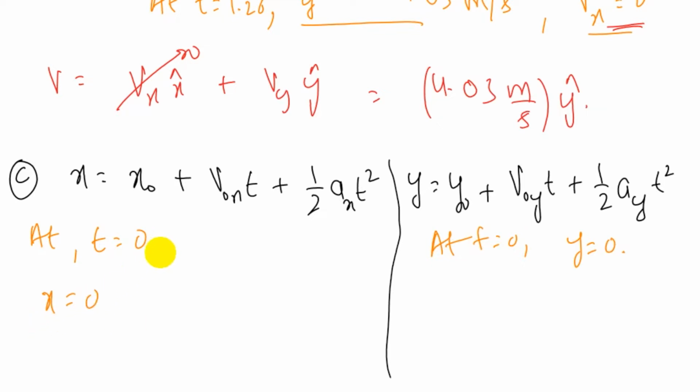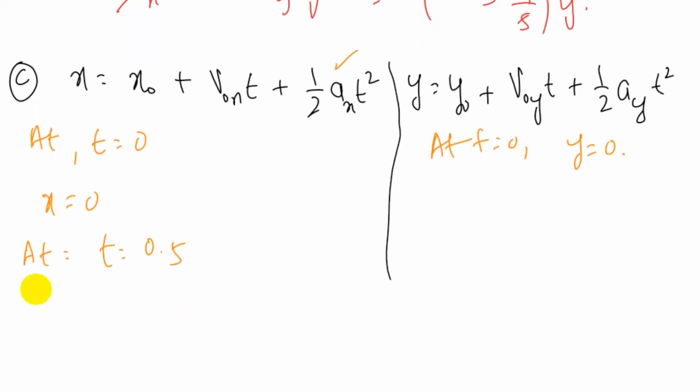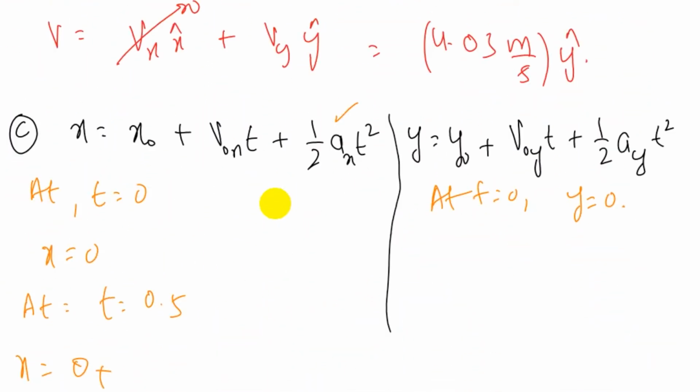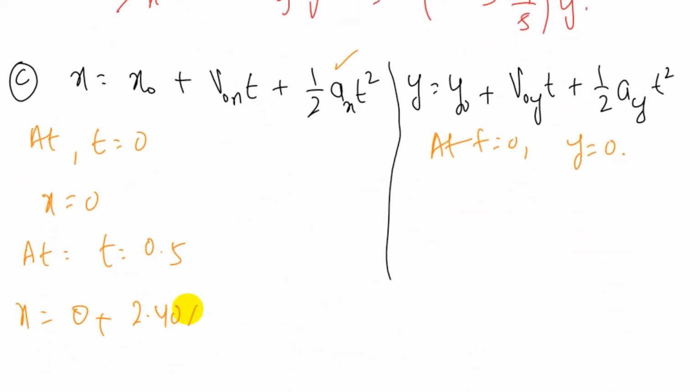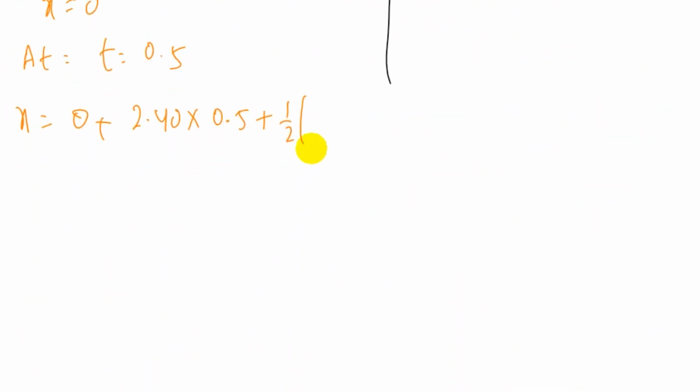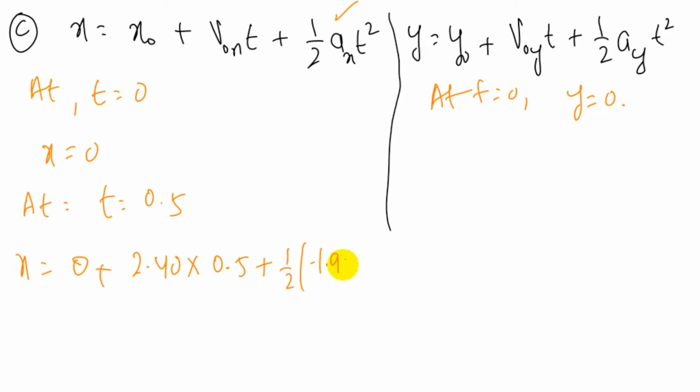Now what would be the position at time t equals 0.5? You can put all the values here. So x equals x0 (which is 0) plus v0x, the initial velocity, which is 2.40, times the time 0.5, plus 1/2 times the acceleration ax, which is minus 1.90, multiplied with 0.5 and its whole square.